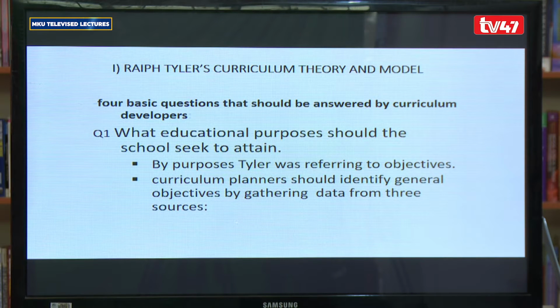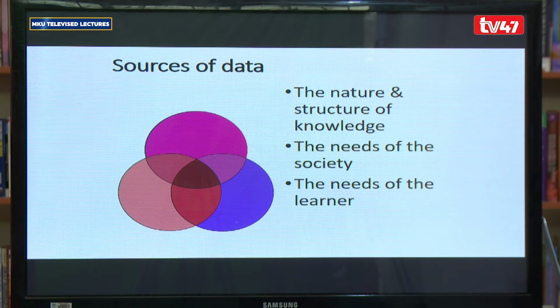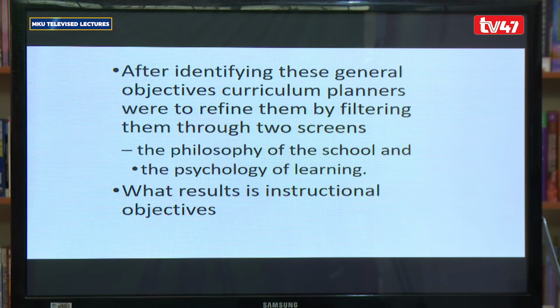Curriculum planners should identify general objectives by gathering data from 3 sources. We gather data from the nature and structure of knowledge, from the needs of the society, and the needs of the learner.